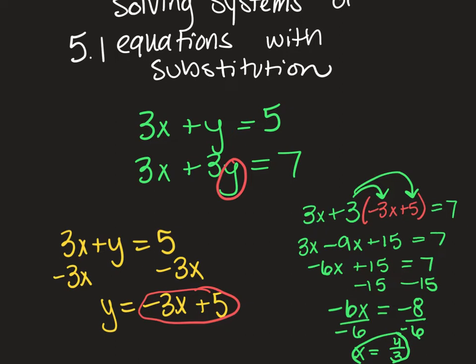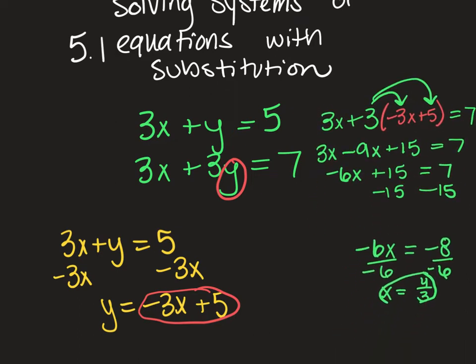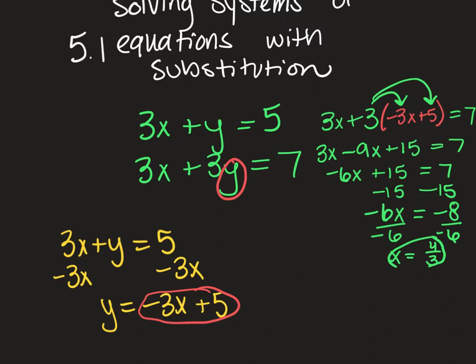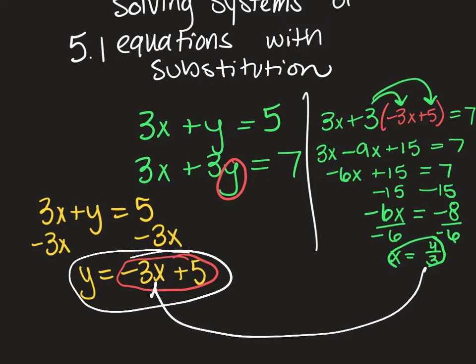Okay, so we're not quite done yet. So now we need to get a number for y. Since we know that y is equal to negative 3x plus 5, let's take this x and plug it in right here.